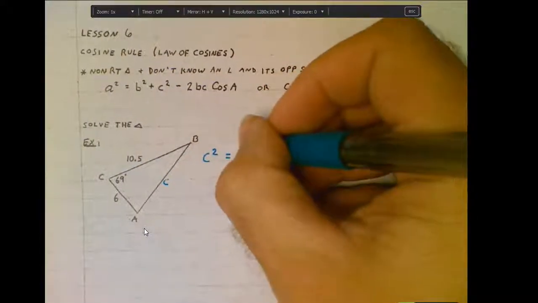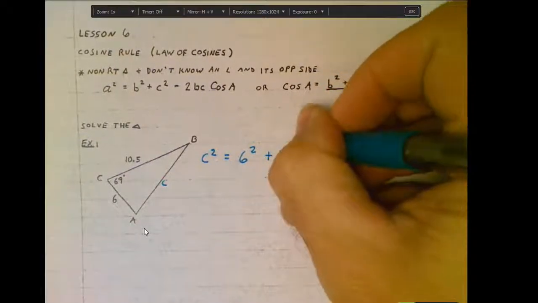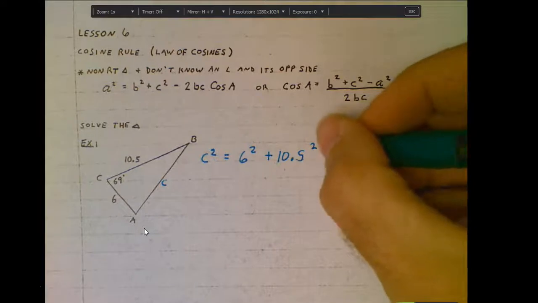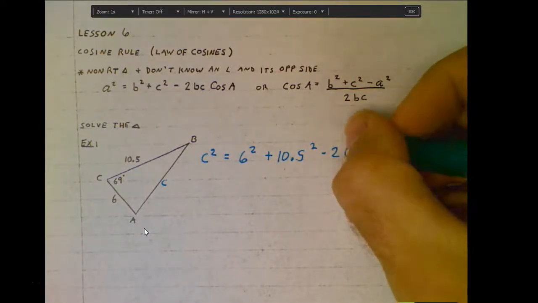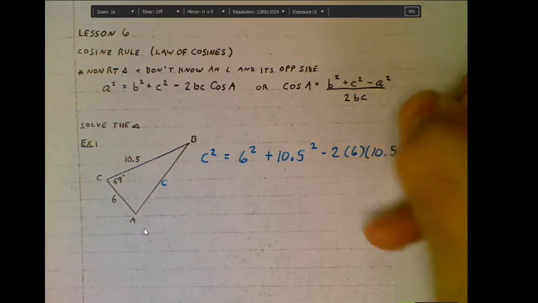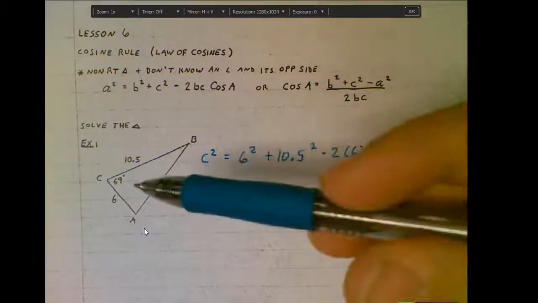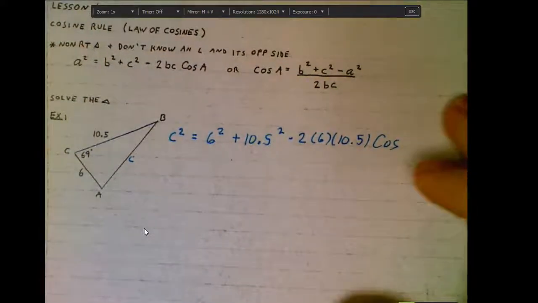So I got 6 squared plus 10.5 squared minus 2 times 6 times 10.5, and then my cosine of an angle. In this case, our angle is 69 degrees.